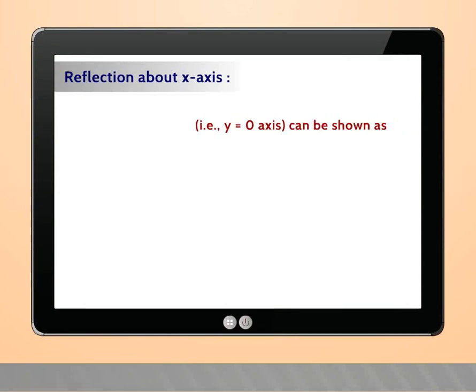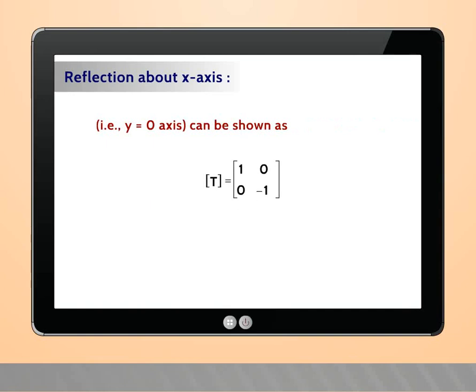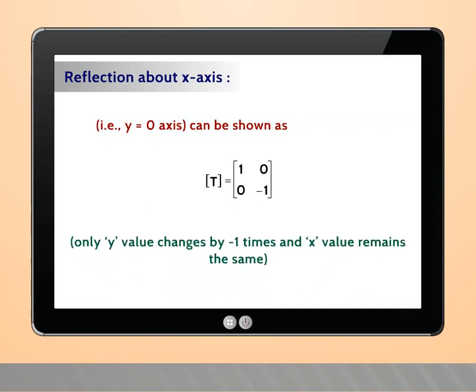Reflection about the x-axis, that is, the y is equal to 0 axis, can be shown as only the y value changes by minus 1 times and the x value remains the same. T is equal to the matrix [1 0; 0 minus 1].